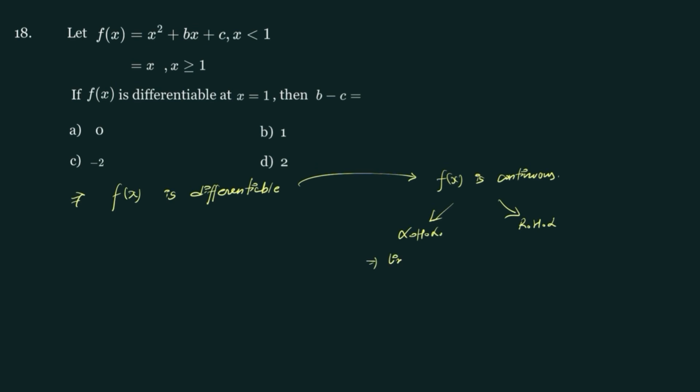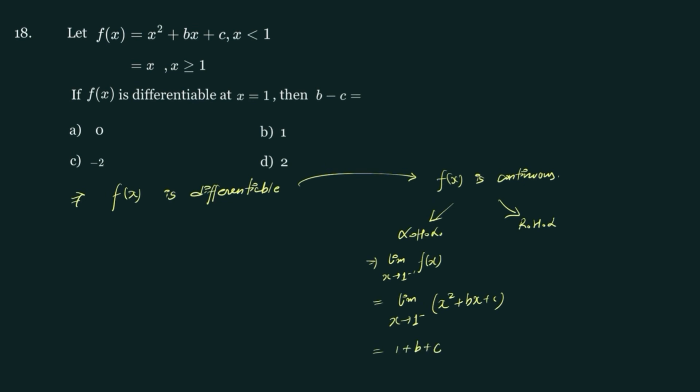Then it will be limit x tends to 1 minus f of x. When x is approaching 1 from the left hand side, my function is x square plus bx plus c. Putting the value of x as 1, it will be 1 plus b plus c.